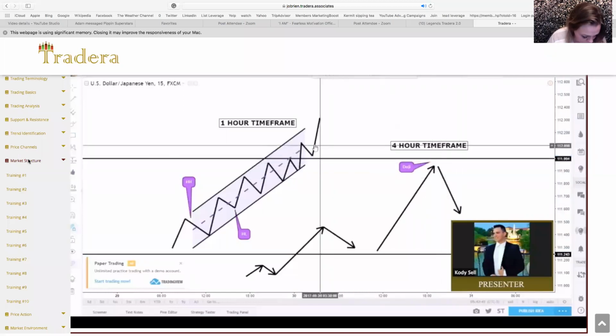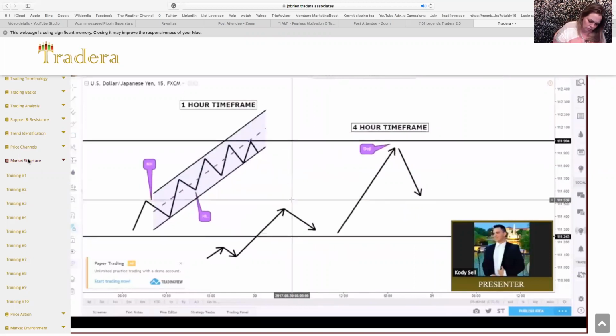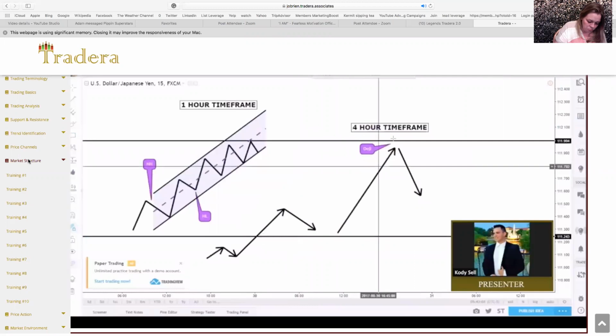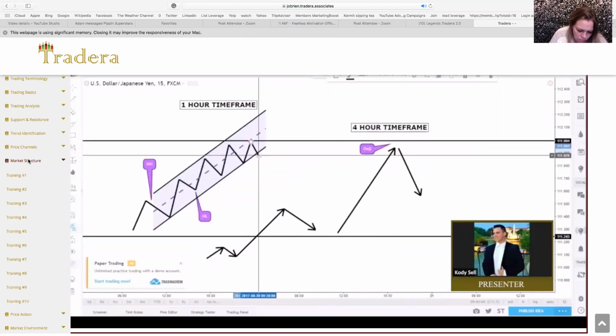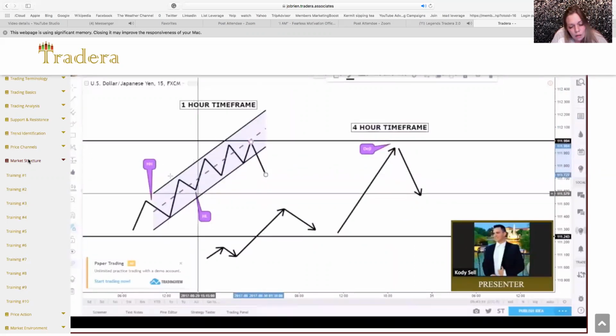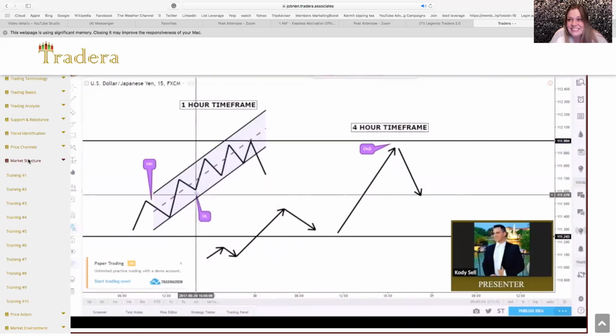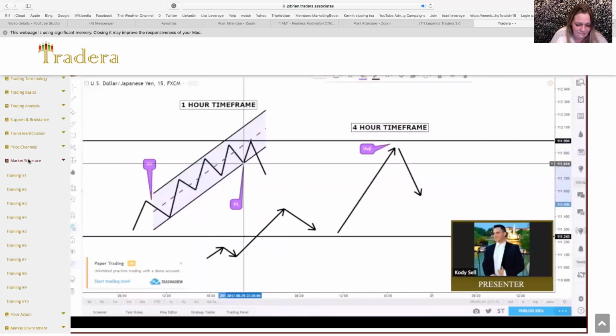So a safe way to help with your entries here is to switch down to a lower time frame and check the market structure. Okay, so if you are approaching this level on your 4-hour time frame and you watch the 1-hour time frame break structure, so again, our significant low in this case would be right here.